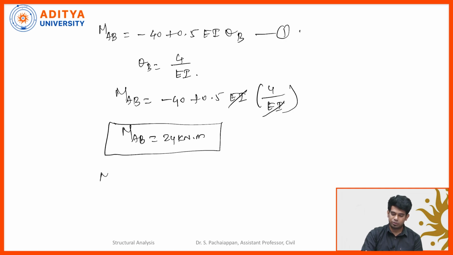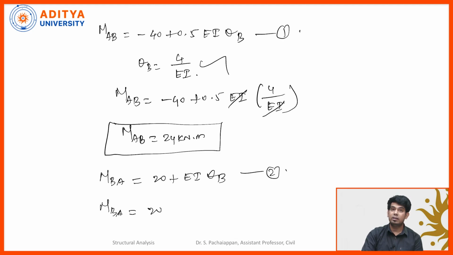Similar way, we'll substitute MBA also. MBA equation is 20 plus EI into theta B. So this is our second equation. Let's substitute this theta B value here. MBA equal to 20 plus EI, theta B is 4 by EI. EI will get cancelled.